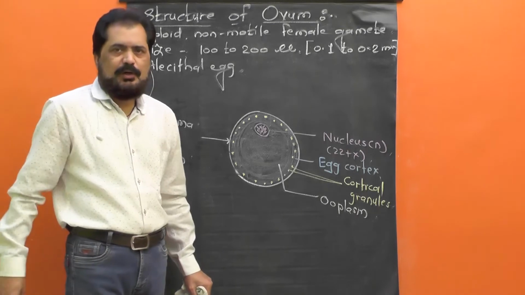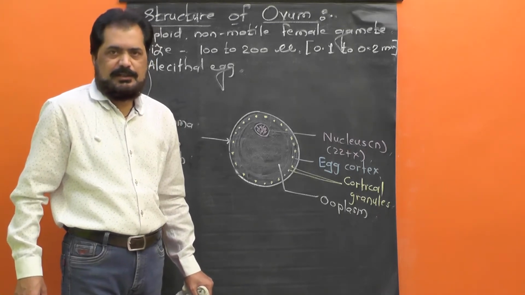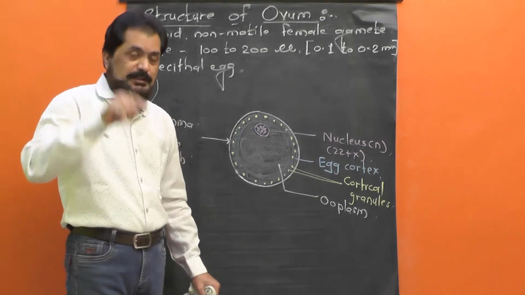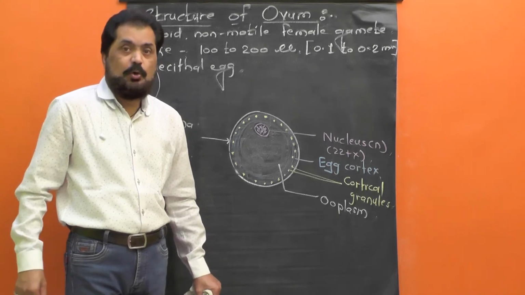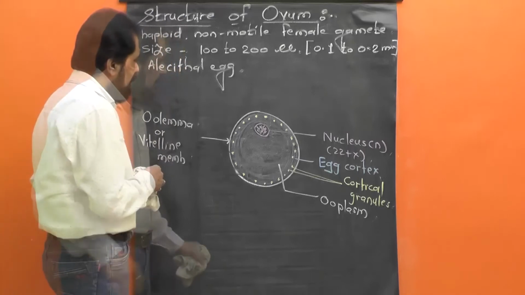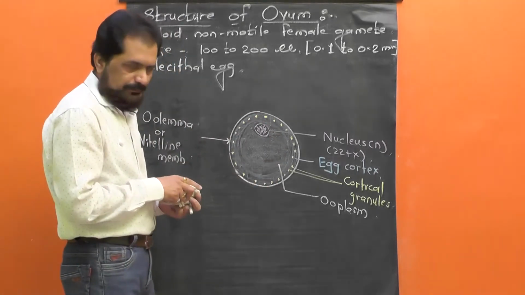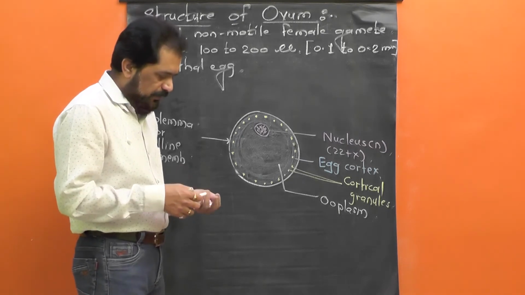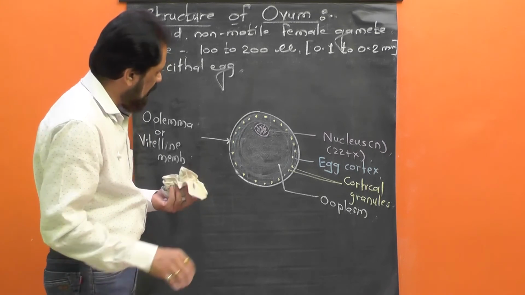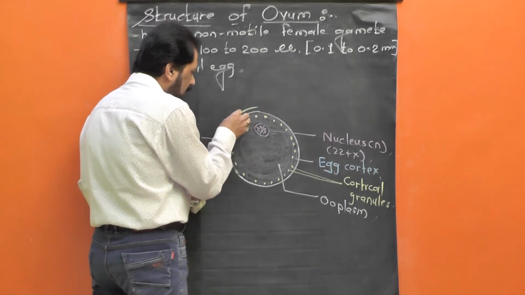I just gave a reference to the egg of a hen, and in that egg, in all birds, a large amount of yolk is present. That type of eggs are called telolecithal, megalecithal eggs. Leave that. But now this oolemma or vitelline membrane, meaning this ovum, is further surrounded by two additional coverings, such as the inner one.